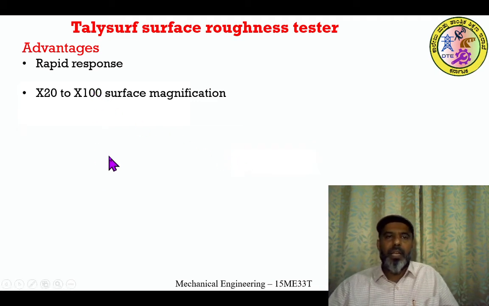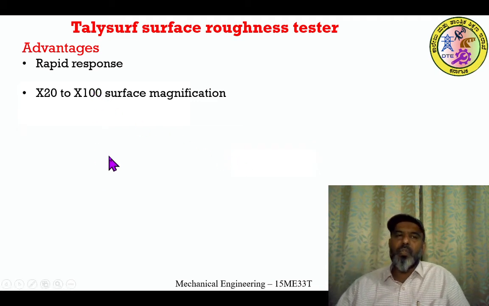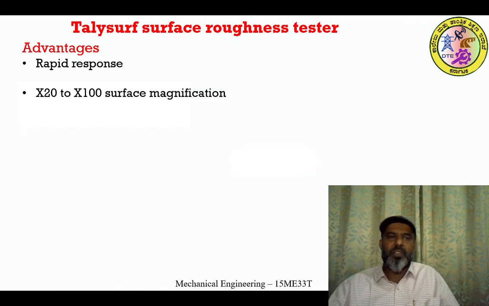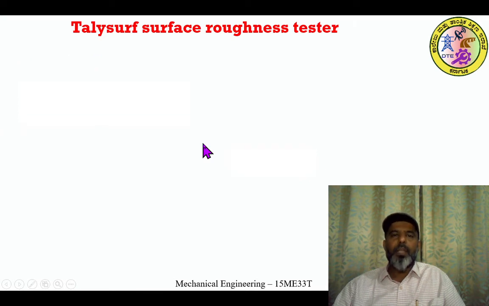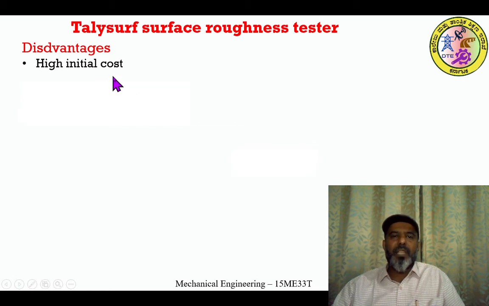Therefore, there are two advantages in the case of the Talisurf surface roughness tester. One, it has a rapid response. Secondly, we can obtain x20 to x100 surface magnification. Now let us discuss the disadvantages. The first disadvantage is that the Talisurf surface roughness tester has a high initial cost.